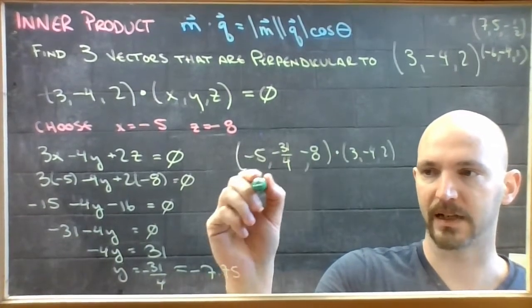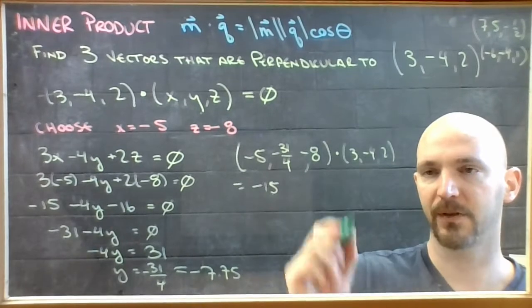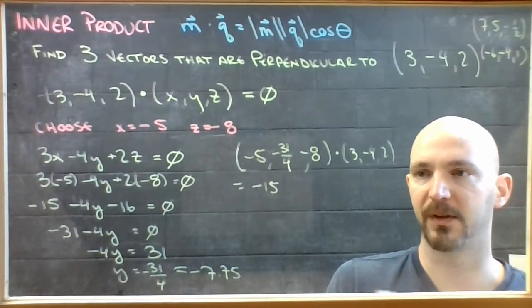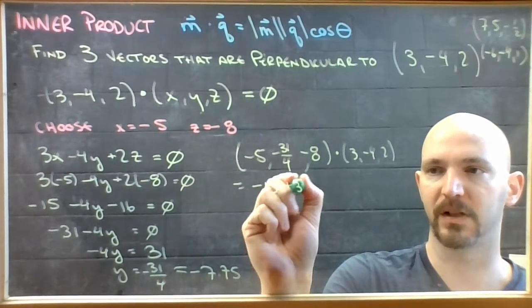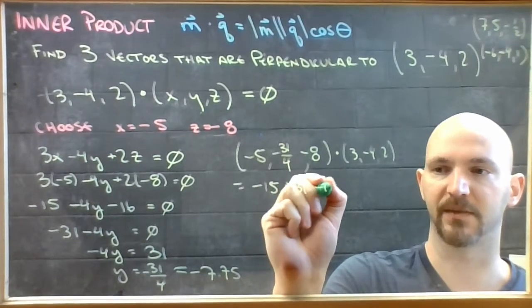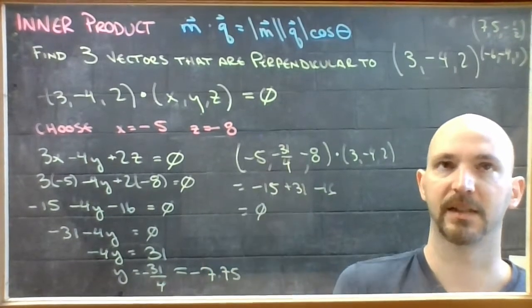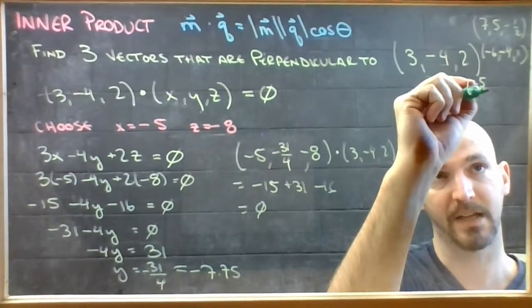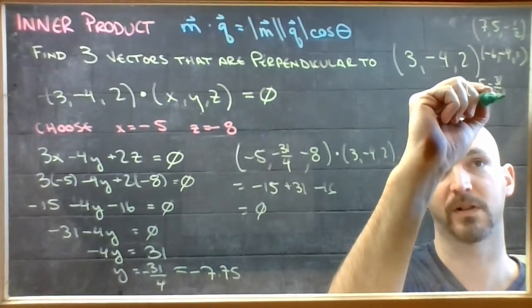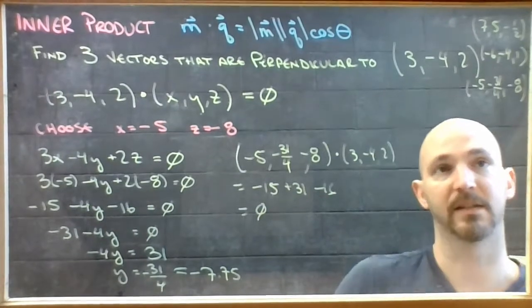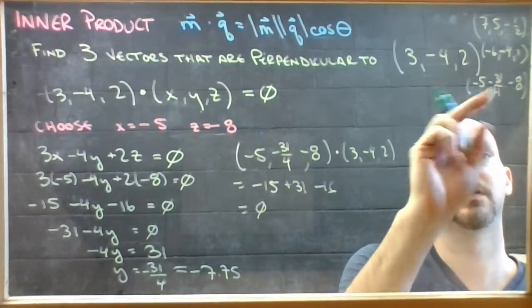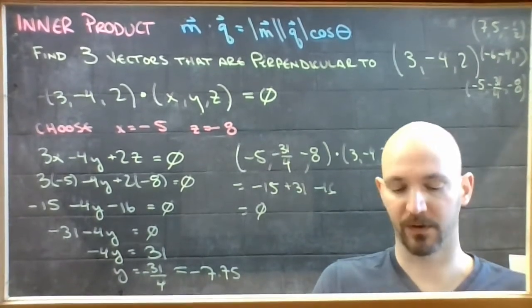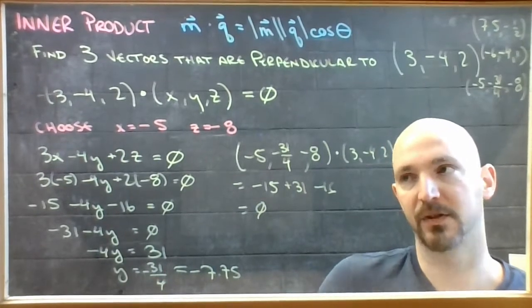That would be -15. -31/4 times -4 would be +31. And -8 times 2 is -16. And those things equal 0. So -5, -31 over 4, and -8 is also perpendicular to 3, -4, comma 2.